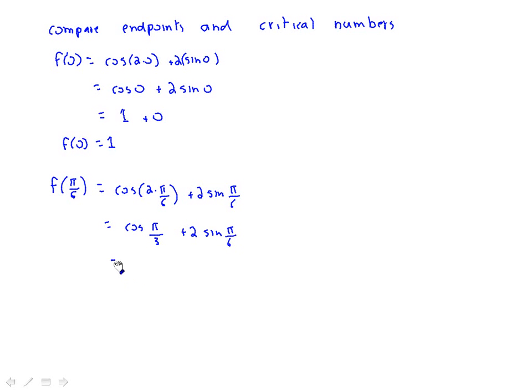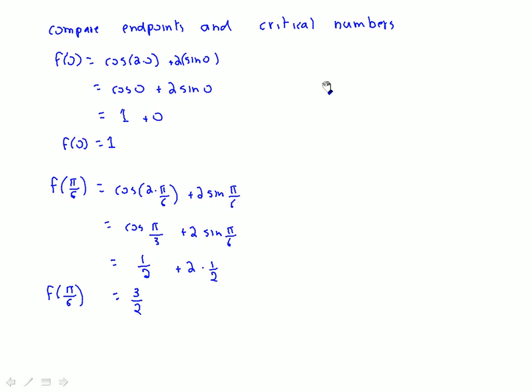Cosine of pi over 3 is 1/2. We know that number. And the sine of pi over 6 is 1/2 as well. So this becomes 1/2 plus 1. I'm going to write that as 3 over 2. So that's f at pi over 6. Nice clean number. So far we've been very fortunate with this one.